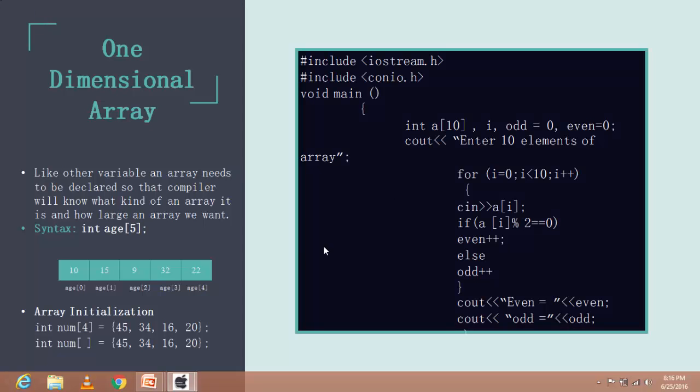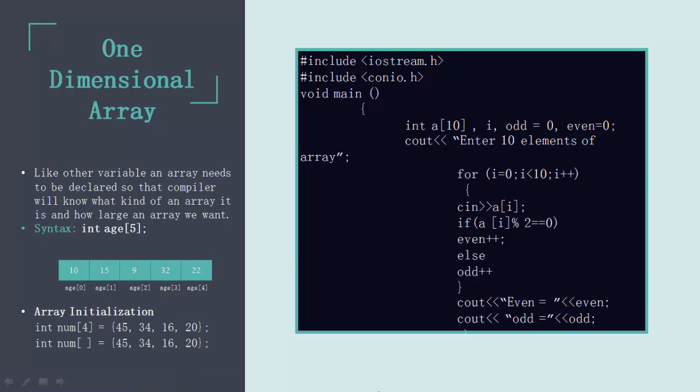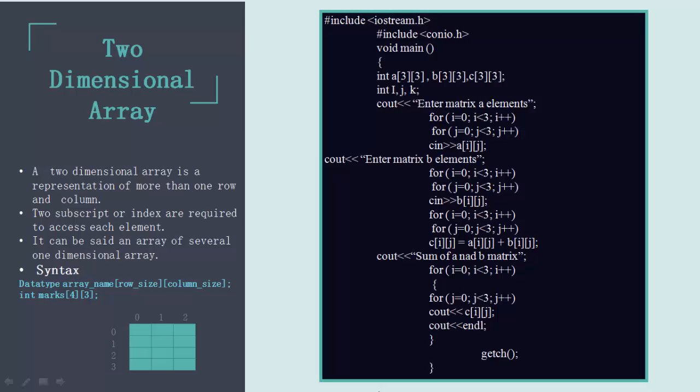So this was our one-dimensional array. Next is two-dimensional array. A two-dimensional array is a representation of more than one row and one column. Right now we are only dealing with rows, means only normal contiguous memory location, only one row.